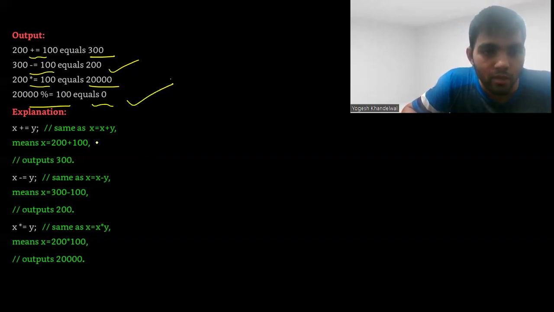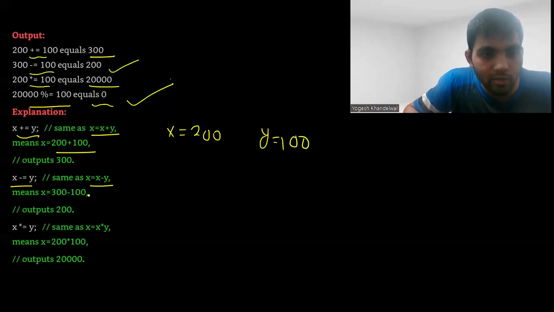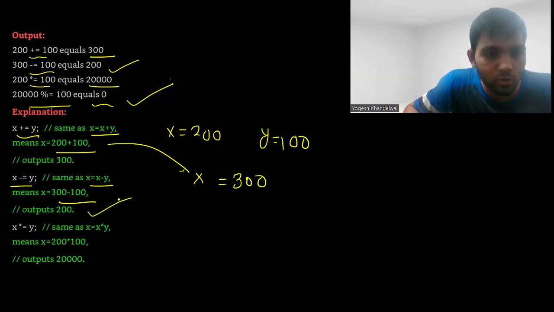So this is the same as x is equal to x plus y. We have x is equal to 200 and y is equal to 100, so it will become 300. This is the same as x is equal to x minus y. After doing this operation, x will become 300, so 300 minus 100, the output is 200.